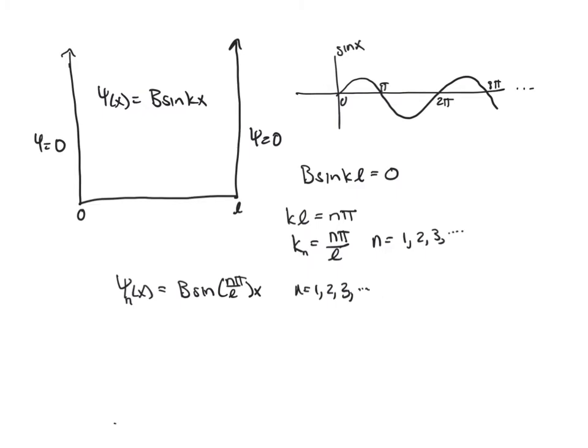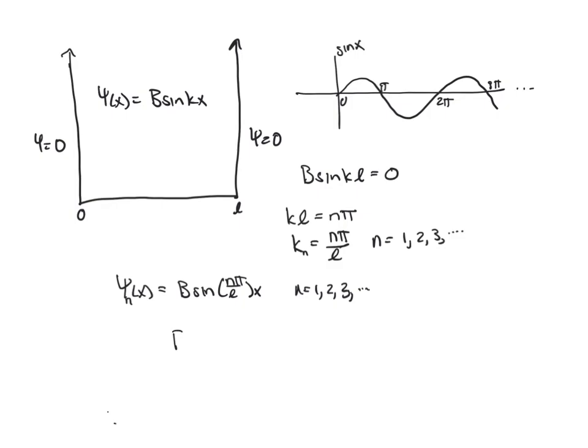And that has to do with the fact that we have to have the wave function be continuous at the boundaries. So now that we've figured out what that wave function is, we're not done until we actually figure out what our energies are. So remember that we have a zero potential energy inside the box, and so our particle has only kinetic energy.